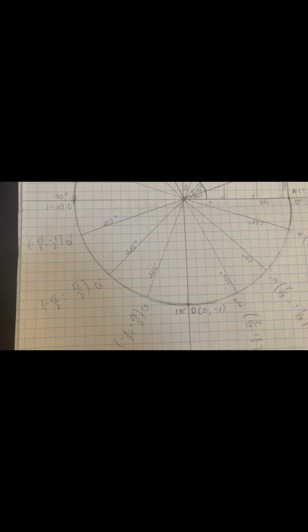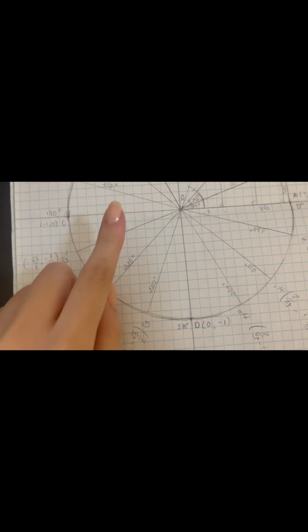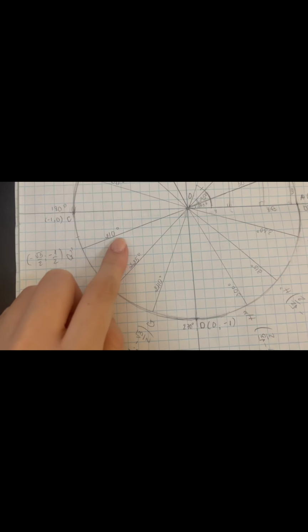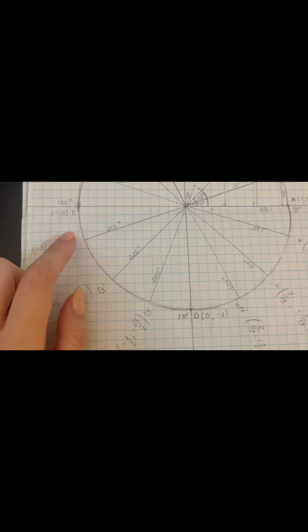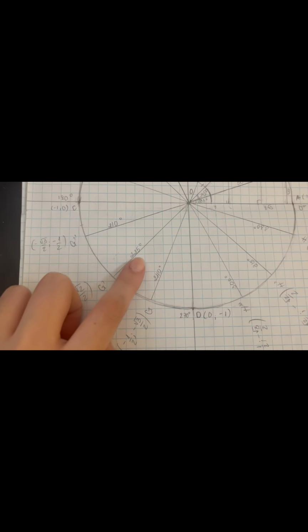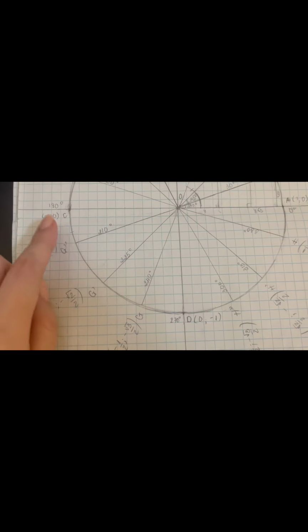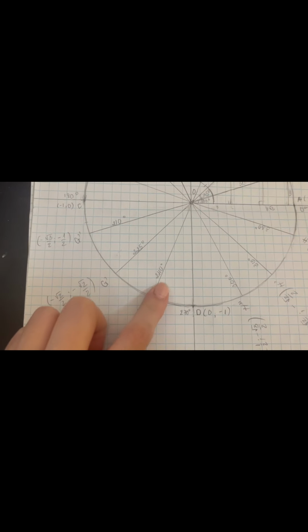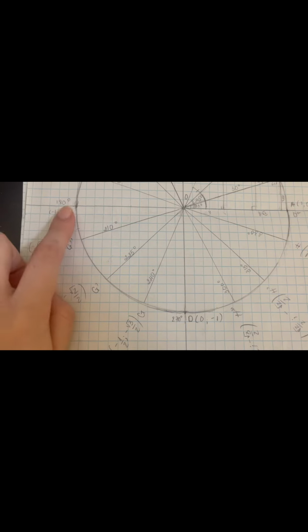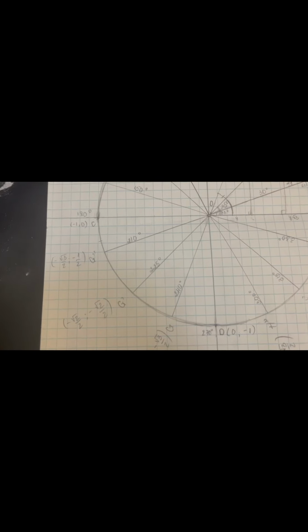Next is to complete the third quadrant, and the angles now are 210, which is 180 plus 30, 225 degrees, which is 180 plus 45, and 240 degrees, which is 180 plus 60. And now the x and y become negative x and negative y.